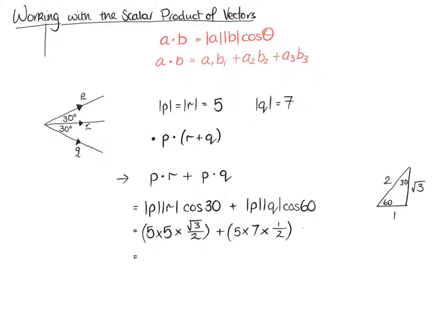So we get 25 root 3 over 2 plus 5 times 7, which is 35, halved, so 35 over 2. It's probably best to put this as one fraction because we have a common denominator. So we get 25 root 3 plus 35 over 2.